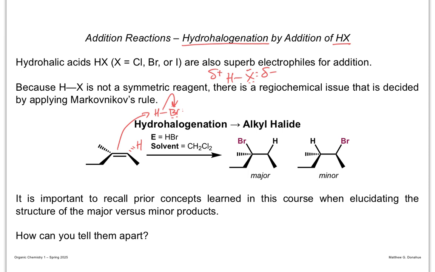And depending on which carbon atom does that, we have to evaluate the carbocation. So in this case, carbon 2 is going to get that hydrogen because that results in a tertiary carbocation.